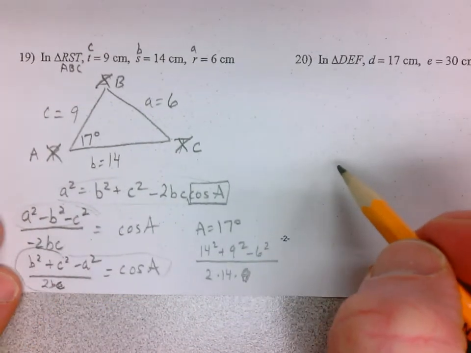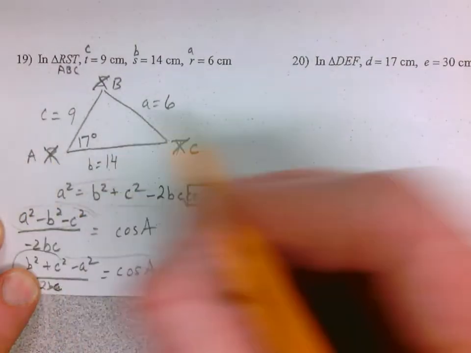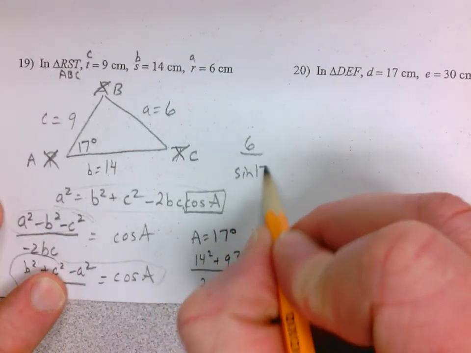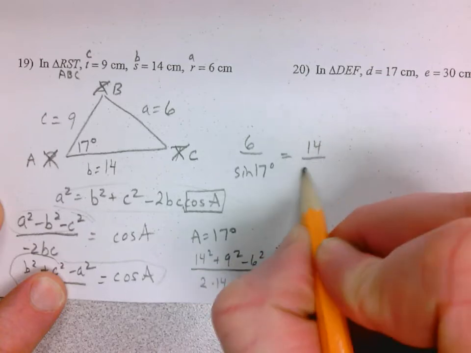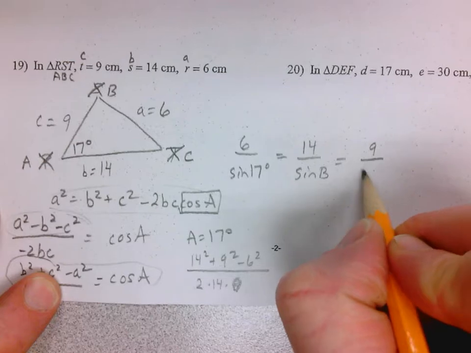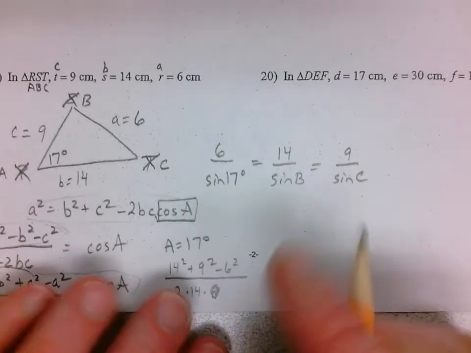Now you do law of sines from here. That's angle A on mine. So 6 over the sine of 17 equals 14 over the sine of B equals 9 over the sine of C, which I won't need to find because I'll be able to subtract from 180.